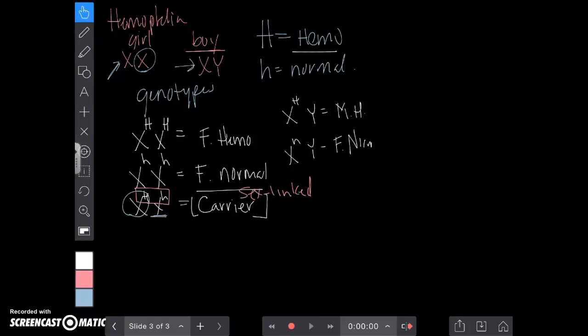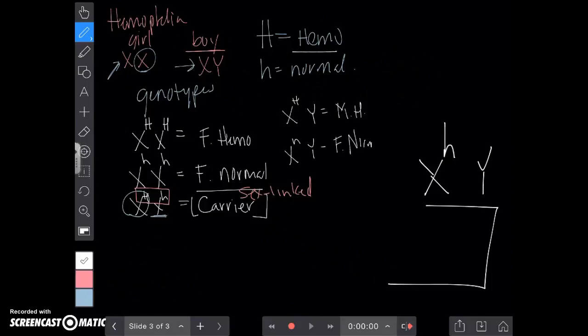So now what's going to happen here is I just kind of bring that over to the side. I'm going to say we're going to cross a male that is normal with a female carrier. Male normal, so X little h, Y with a female carrier. So I got an XX, got a female, and if she's a carrier, she's going to have one big H, one little h.